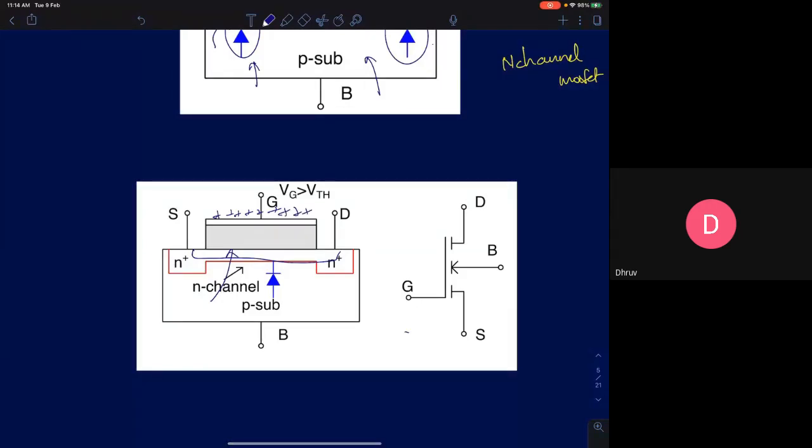So the symbol for the enhancement device is a 3-terminal device. In fact, there are 4 terminals here: drain, source, gate, and also bulk. The potential of the semiconductor we call the bulk. Okay, that's the 4th terminal. Now in the symbol for a MOSFET, you will show dashed lines here.